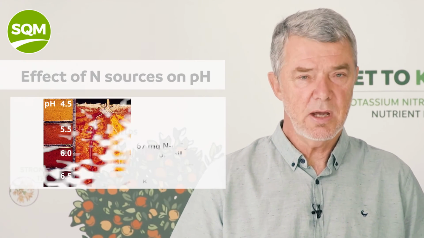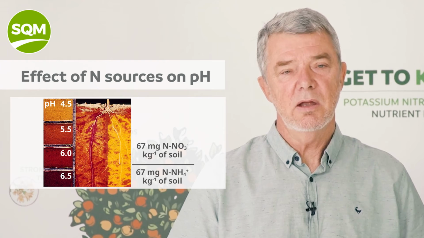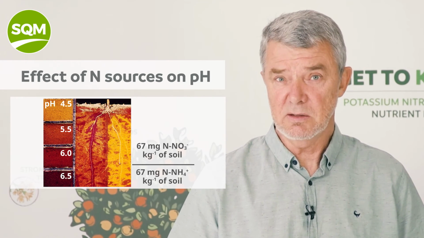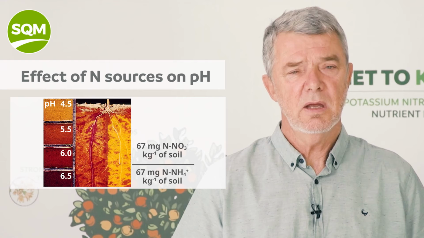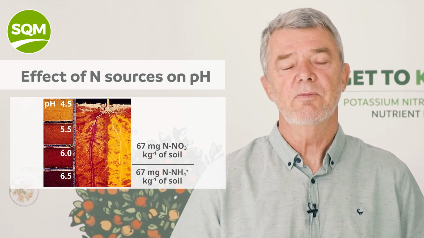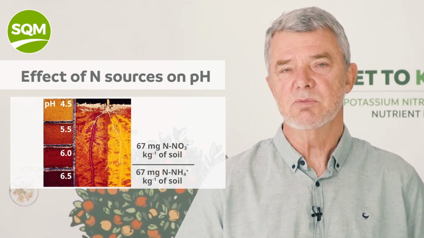This picture I show you now, the left-hand portion are different colors depicting different pHs, from yellow-orange to very, very dark red, a pH range of 4.5 to 6.5.